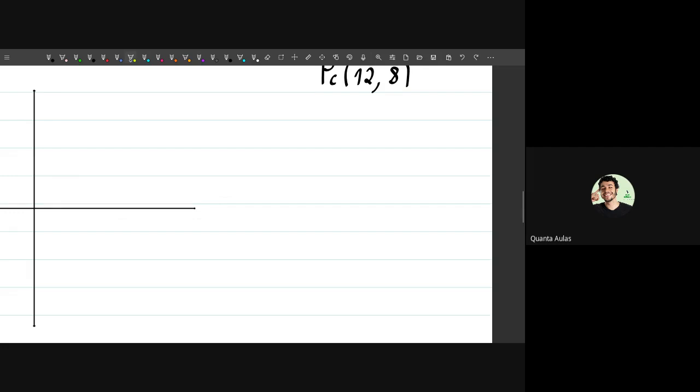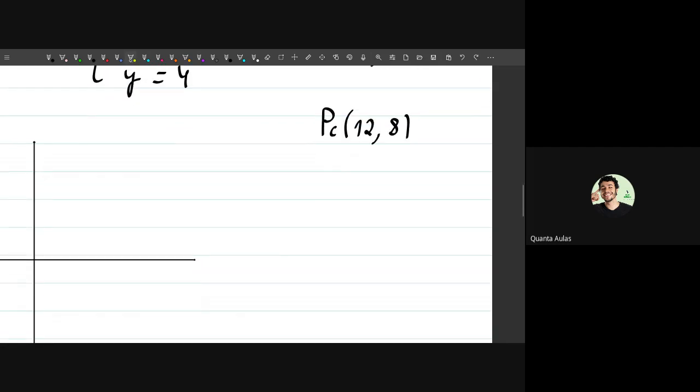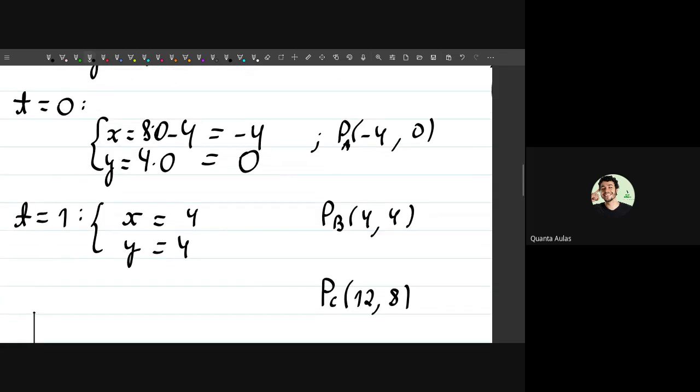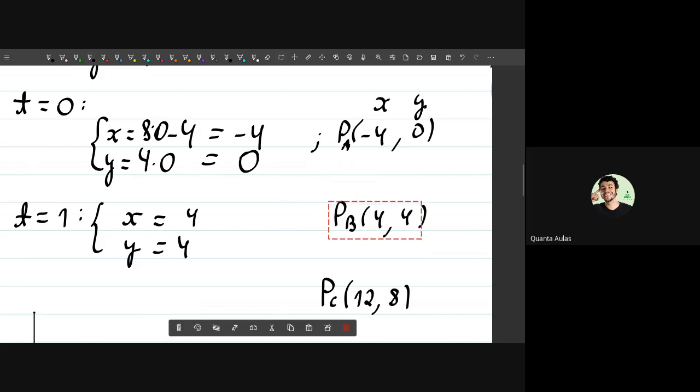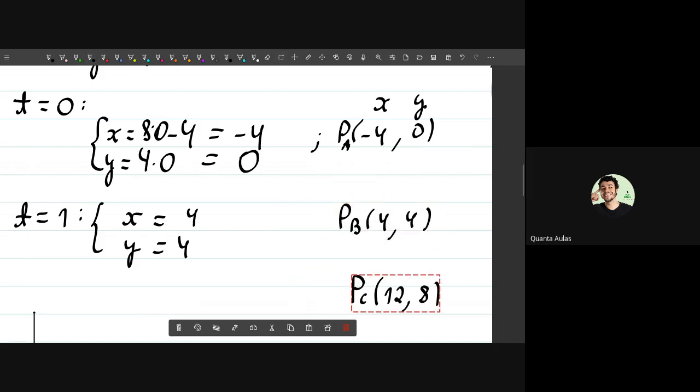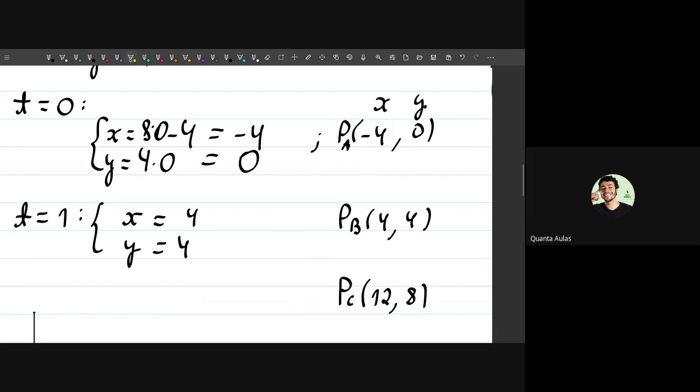But in this situation, we don't have exactly the time here. We have the X letter because we have these situations here, these points, and our graph is an X and Y graph, not an X and T graph, not a position versus time graph.